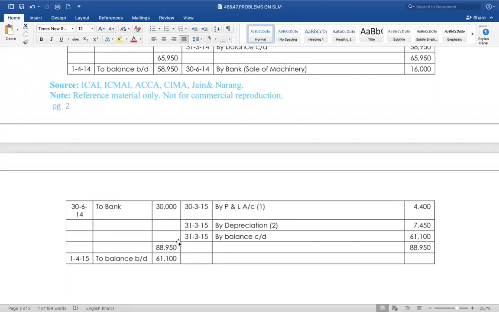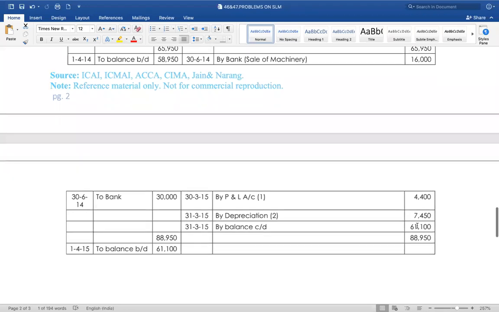The debit side total is 58,950 plus 30,000, which is 88,950. Bring this highest total on the credit side also, 88,950. And there's a depreciation that you have to calculate.